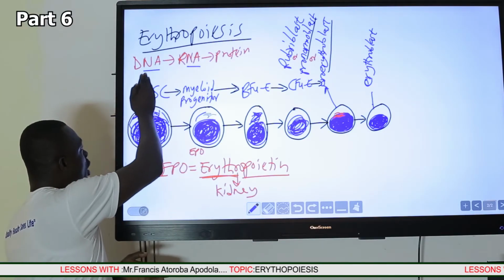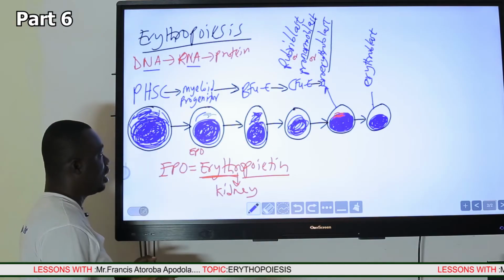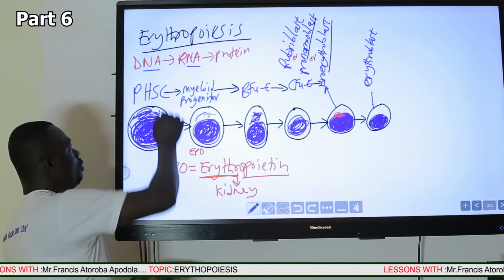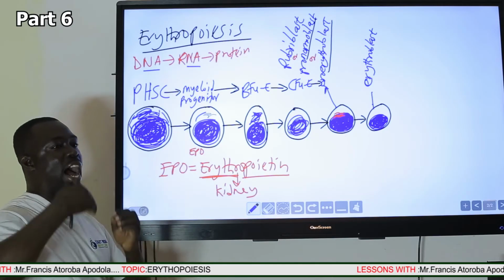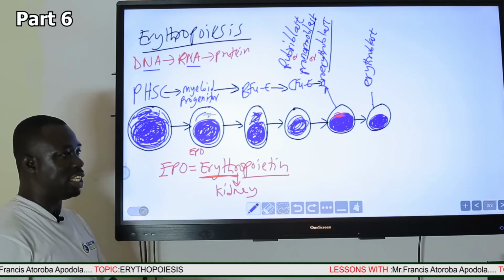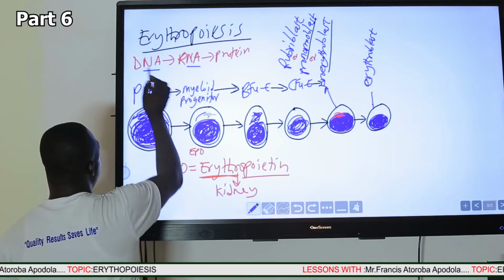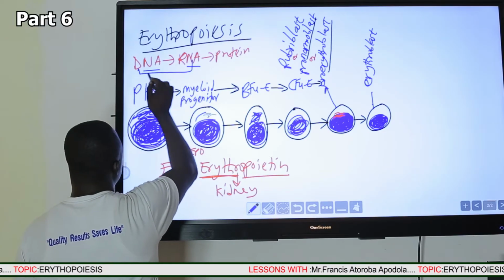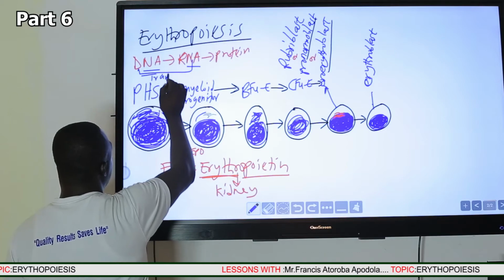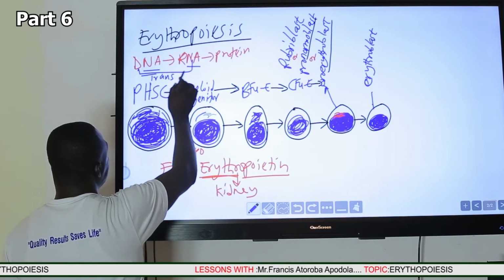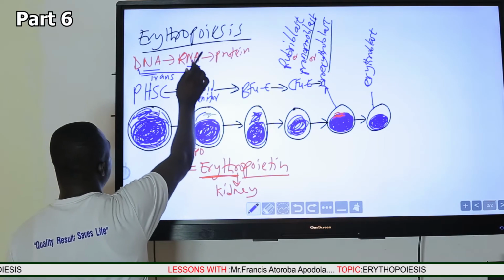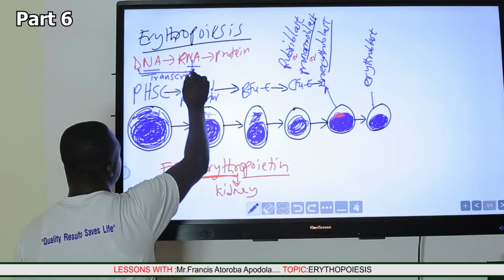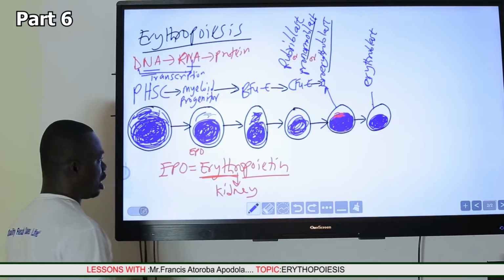So when the DNA speaks, it is speaking in nucleic acid language, and therefore the RNA will understand the language of DNA. And so the flow of information from DNA to RNA is technically called transcription. Trans means across. We are only passing the information from DNA to RNA, and that is called transcription. We are just transcribing the information.